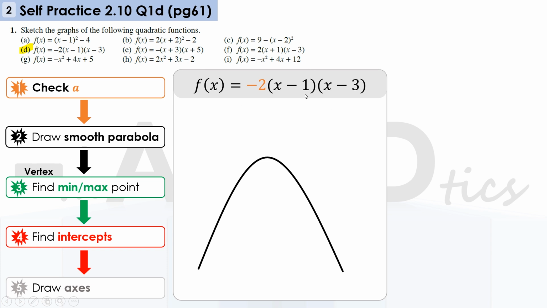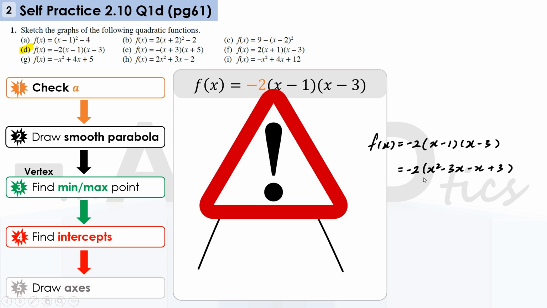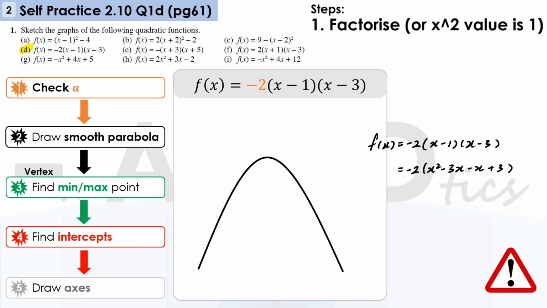Right? So here let us multiply out the things inside the bracket first. The first step of completing the square is to make sure the value of x squared is 1. As you can see here, it's already 1, so we don't have to do anything. What we need to do is just combine these two values to become negative 4x.